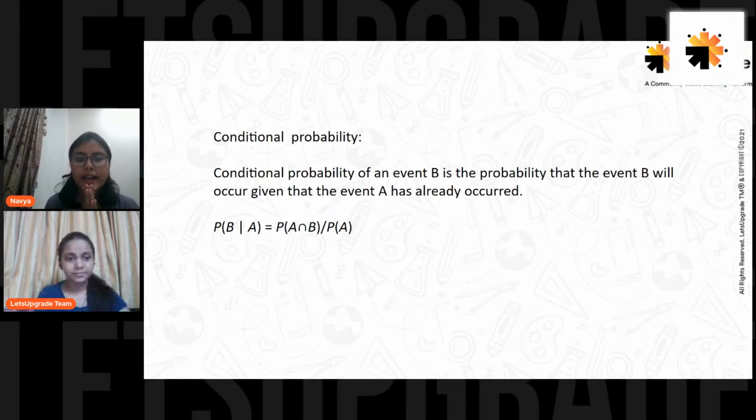So suppose I have a deck of 52 cards, and you have just pulled out one card from that deck of 52, that is of heart shape. And we all know that every suit has 13 cards. Okay, 13 into 4, that is your 52.